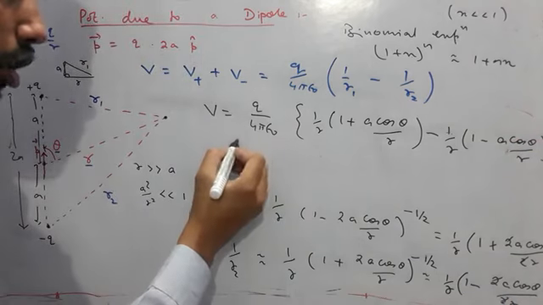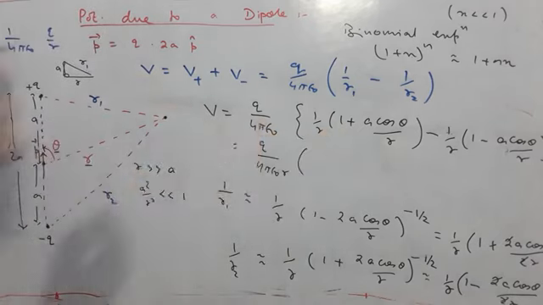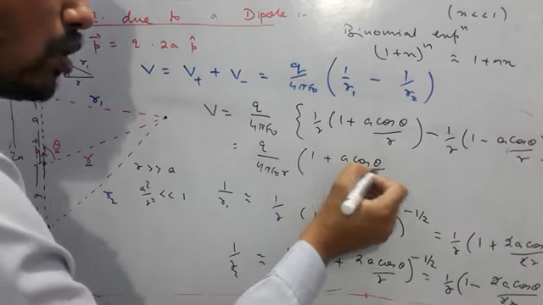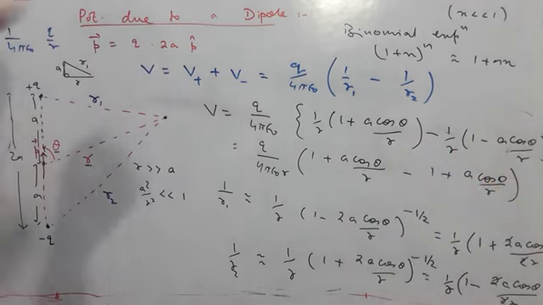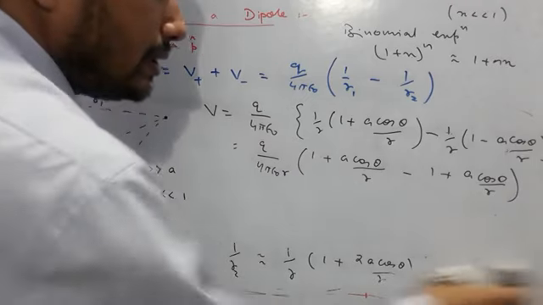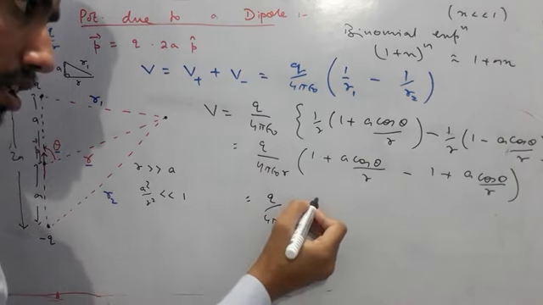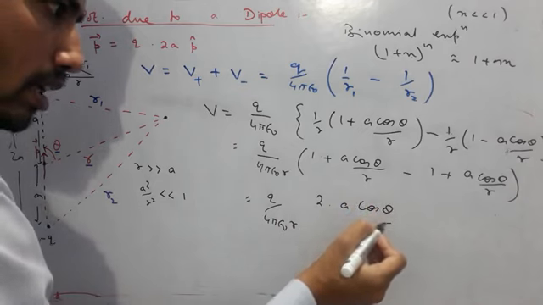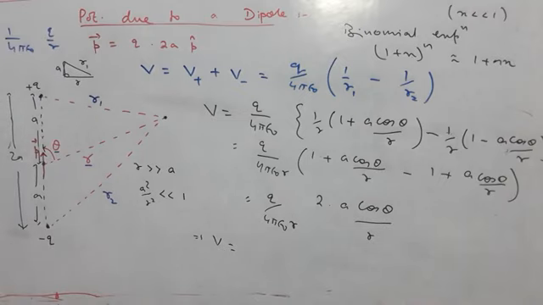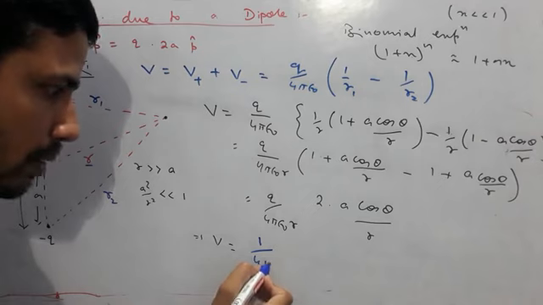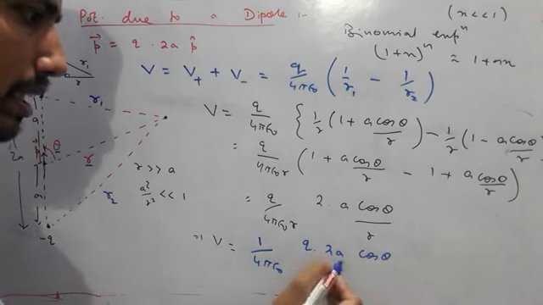So you can take 1 by R common, so it becomes Q upon 4 pi epsilon naught R. Now what is left is 1 plus a cos theta upon R, minus 1 minus minus plus a cos theta upon R. So this gives us the value Q upon 4 pi epsilon naught R. 1 cancels, twice of a cos theta upon R. So V is equal to 1 upon 4 pi epsilon naught, which I can write as Q times 2a times cos theta upon R square.